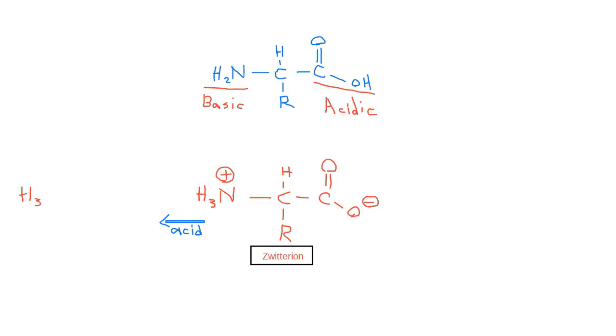You'll still have the 3 hydrogens on the nitrogen. That'll still be positively charged. The R group may be affected depending upon what type of R group it is, if it's basic or acidic, etc. But in acid, the amino acid will be protonated on the carboxylic acid group, so this will no longer be a negative charge.